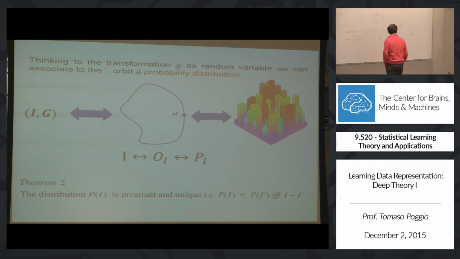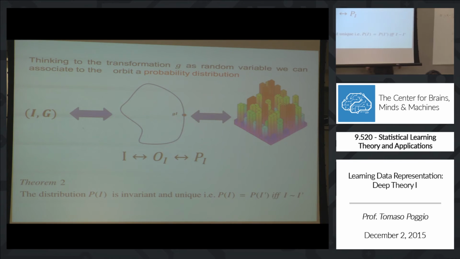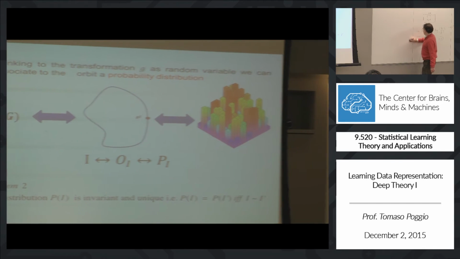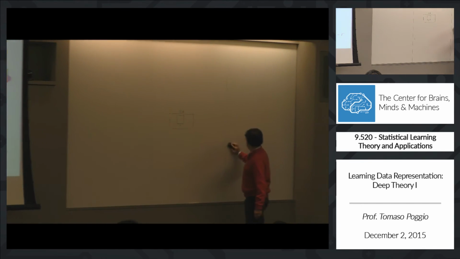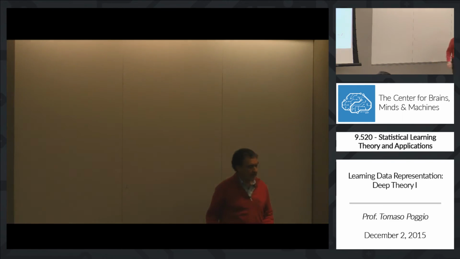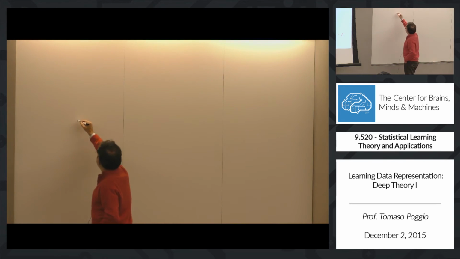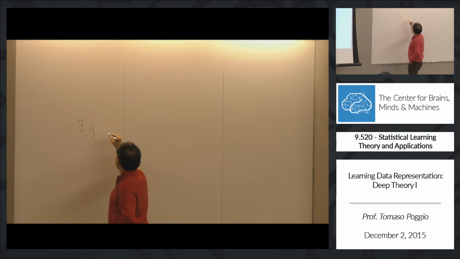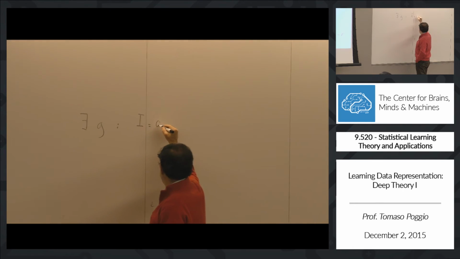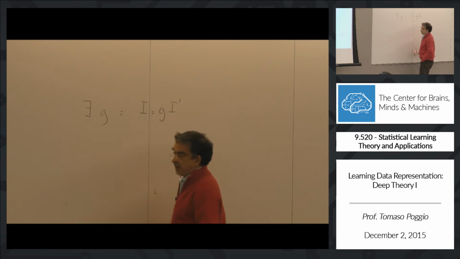It means that, given an image I, there exists a G such that I prime is a transformation of this.